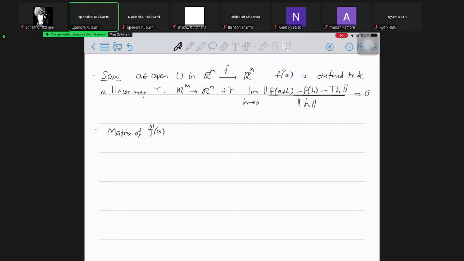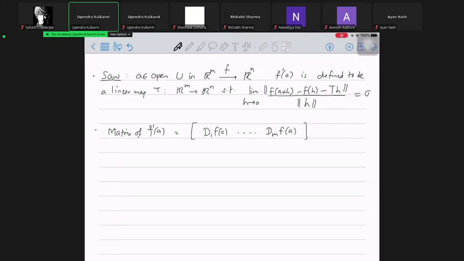I simply take the partial derivatives of f. So this is going to be d1 of f of A, all the way up to dm of f of A. There are m directions, remember that is m variables. So this is what the matrix is.